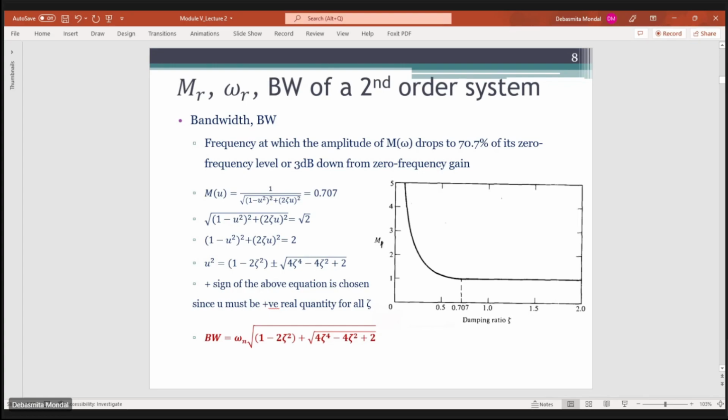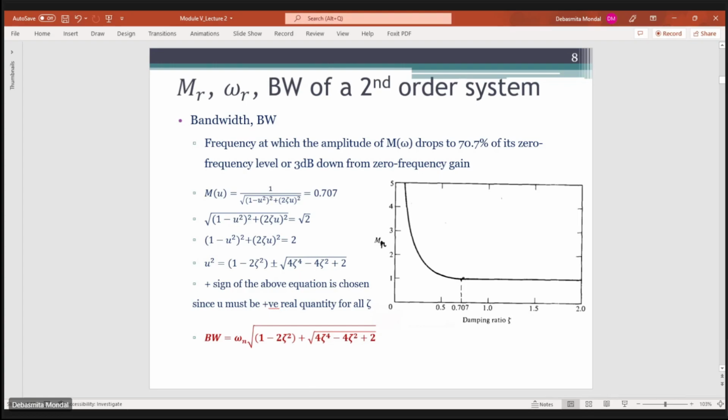this resonant peak, so this is the resonant peak, with respect to the damping ratio, you see that it is monotonically decreasing till 0.707, and after that it becomes equal to 1. And when the value of zeta is equal to 0, that means the system is an undamped system, at that point the resonant peak is an infinite value.